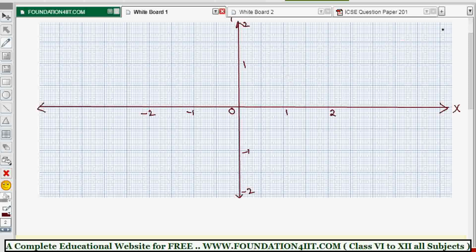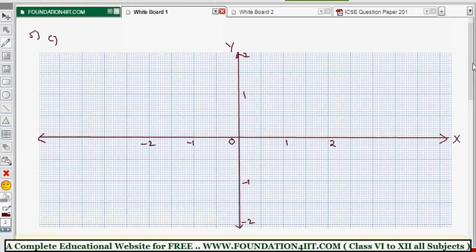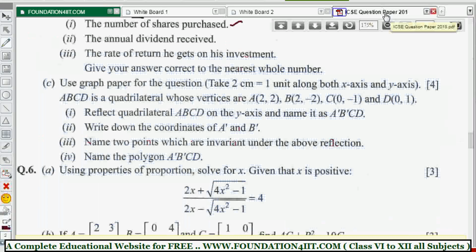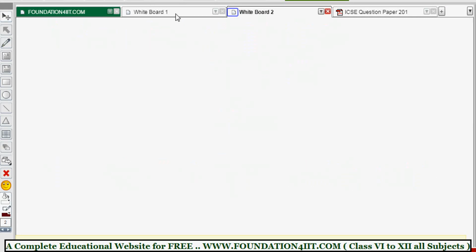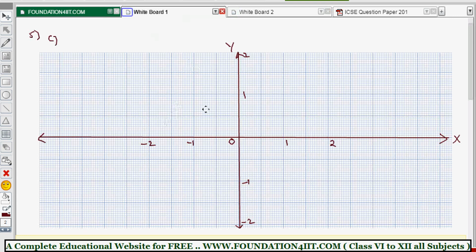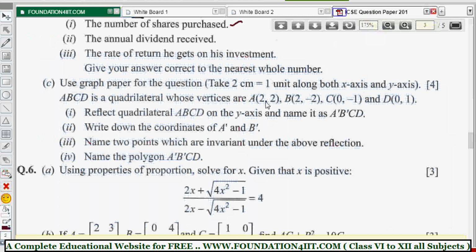Now when we observe, we need to plot A, which is 2 comma 2. Capital A is 2 comma 2.